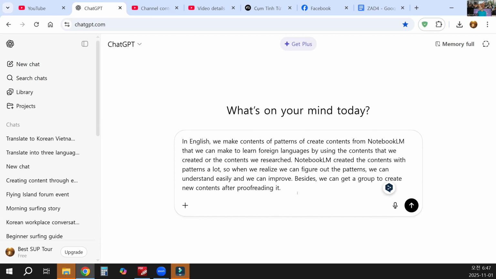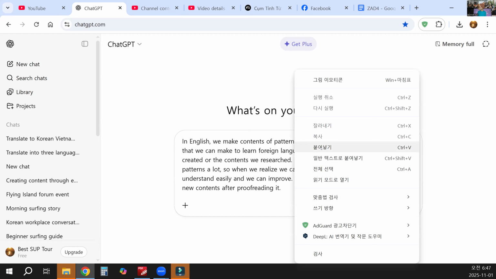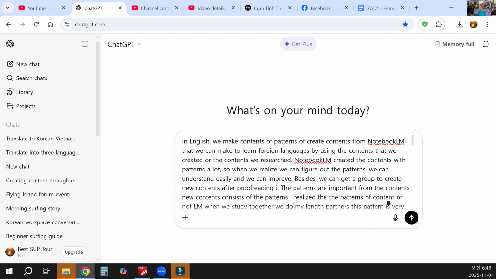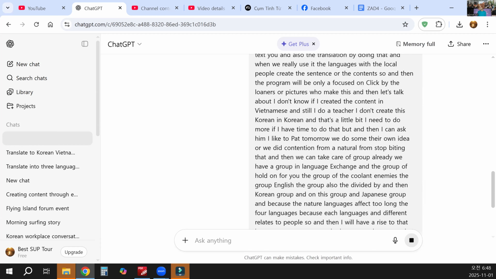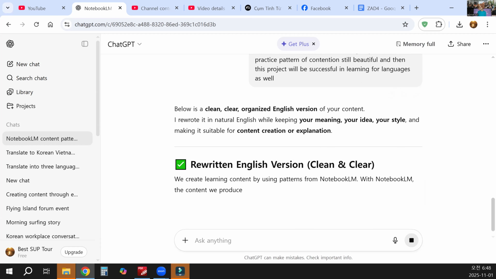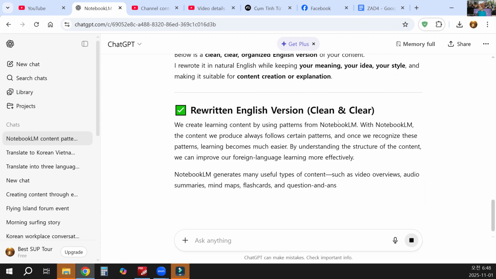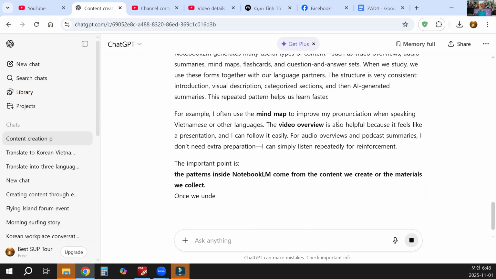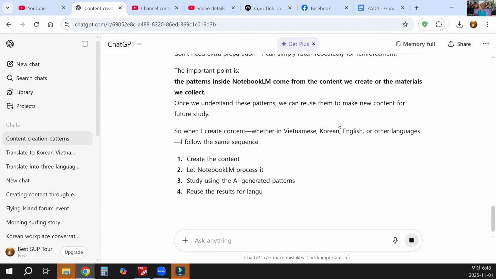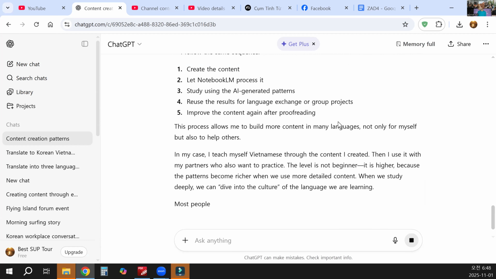Now I can use this AI to create the proofread version, which is very clear, and the AI can give me a written English version. Clear, clear.